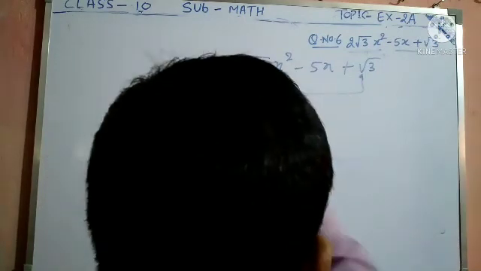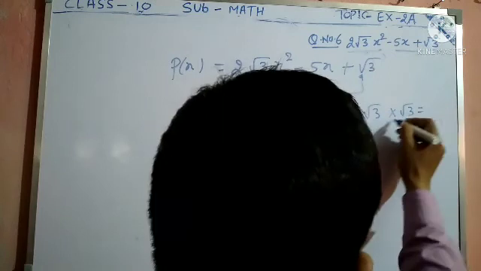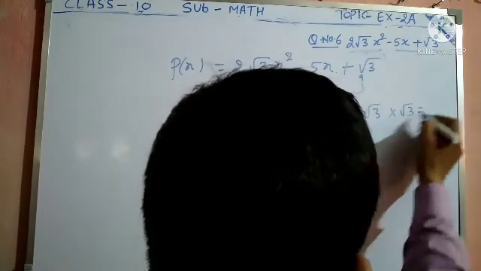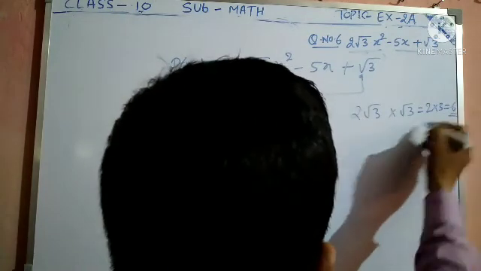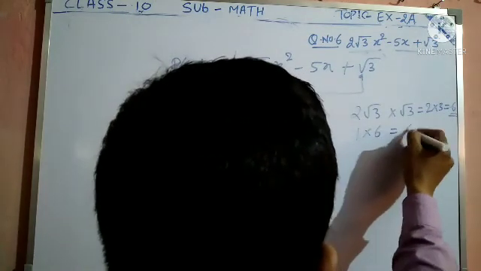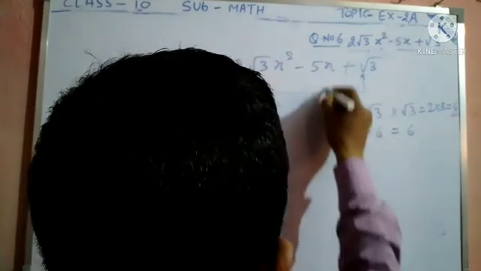Take the first term and last term and multiply: 2 root 3 into root 3 is 2 into 3, which equals 6. So 1 into 6 equals 6, and 6 minus 1 is 5.